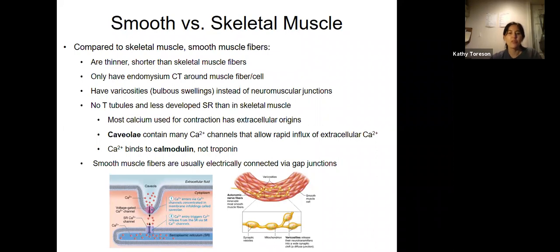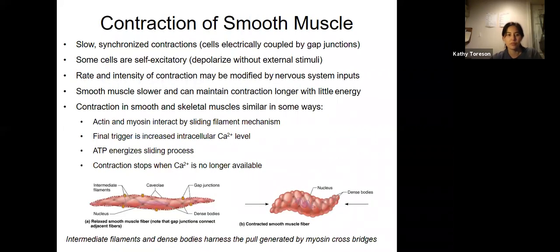But in terms of contraction, we are still getting contraction generated. It is still relying on calcium being around, ATP being around. So there are some similarities between smooth muscle contraction and skeletal muscle contraction.